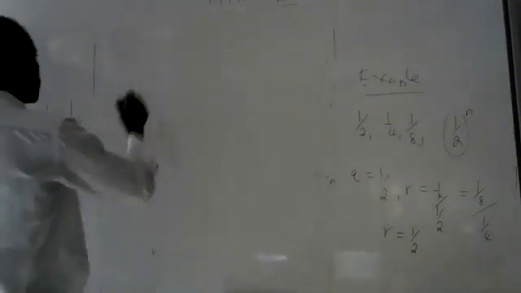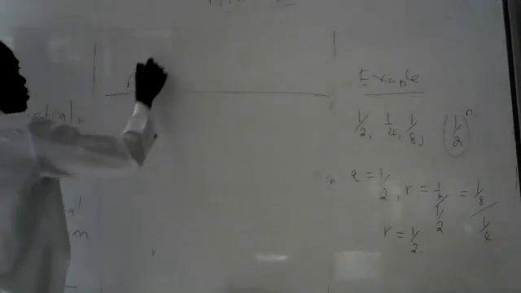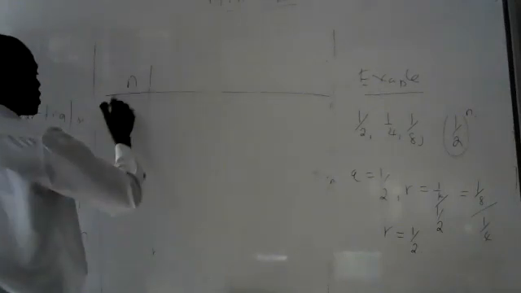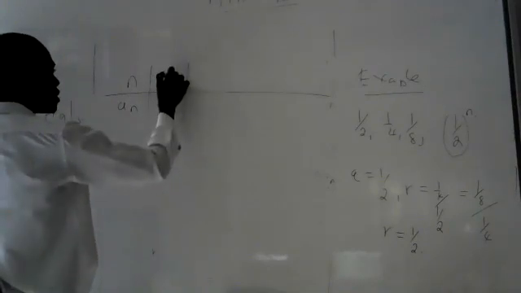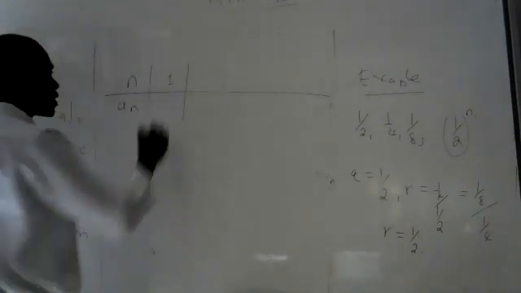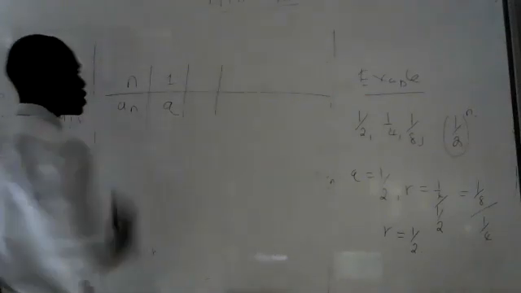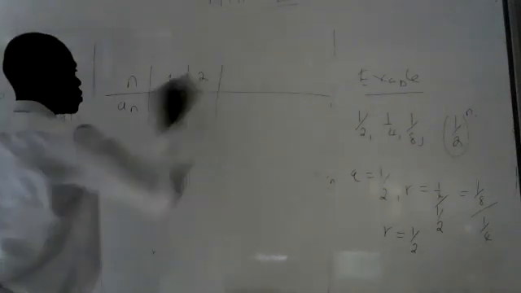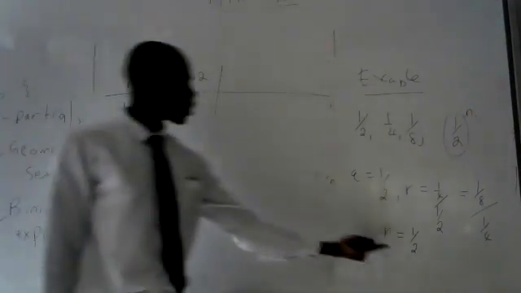So let's see. I'm going to have a table of values with 2 rows, n and then an. At n is 1, my first term is A. At n is 2, you start with the first term and then keep on multiplying by the common ratio.